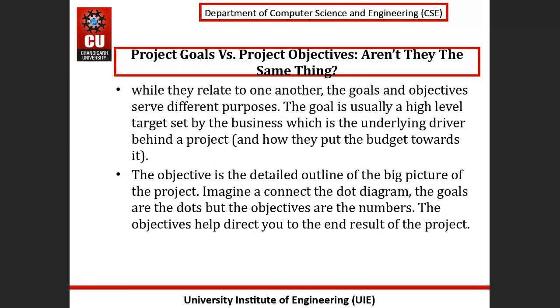The objective is the detailed outline of the big picture of the project. Getting my point? Imagine the connect-the-dots diagram. The goals are the dots, but the objectives are the numbers. The objectives direct you to the end result of the project and to achieve the goals that we define.